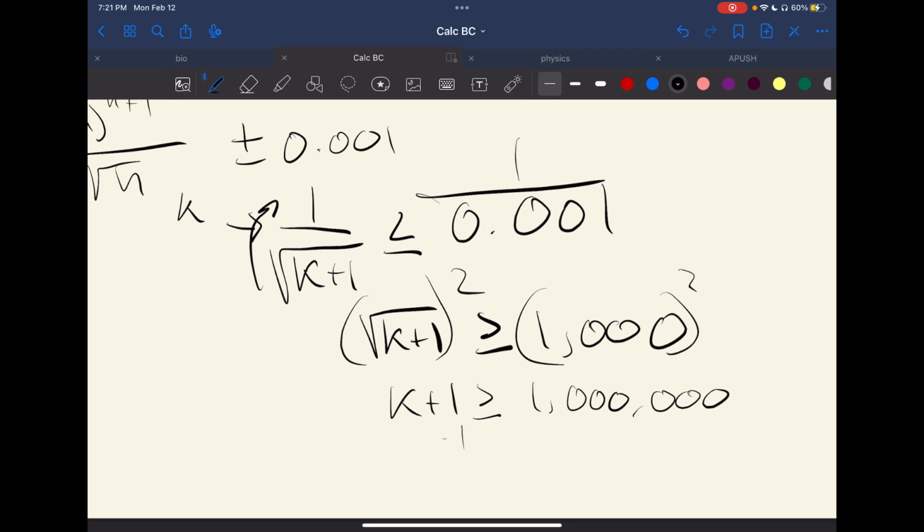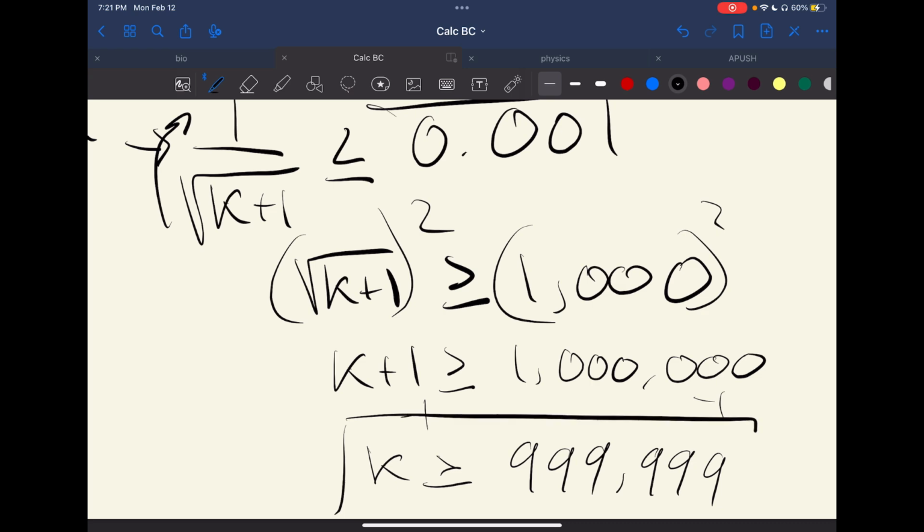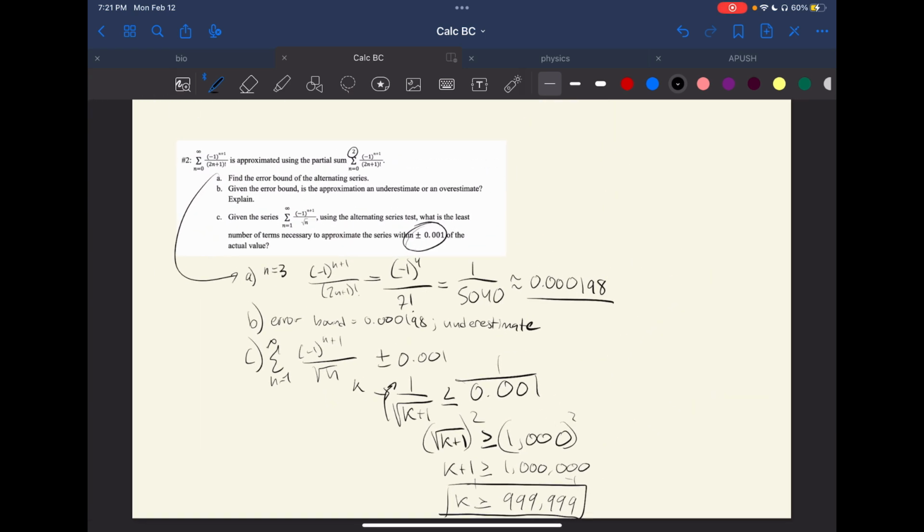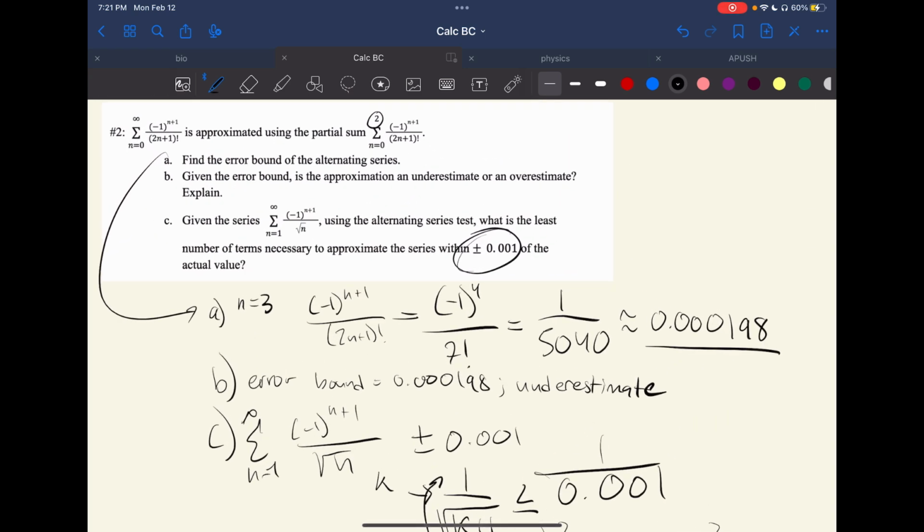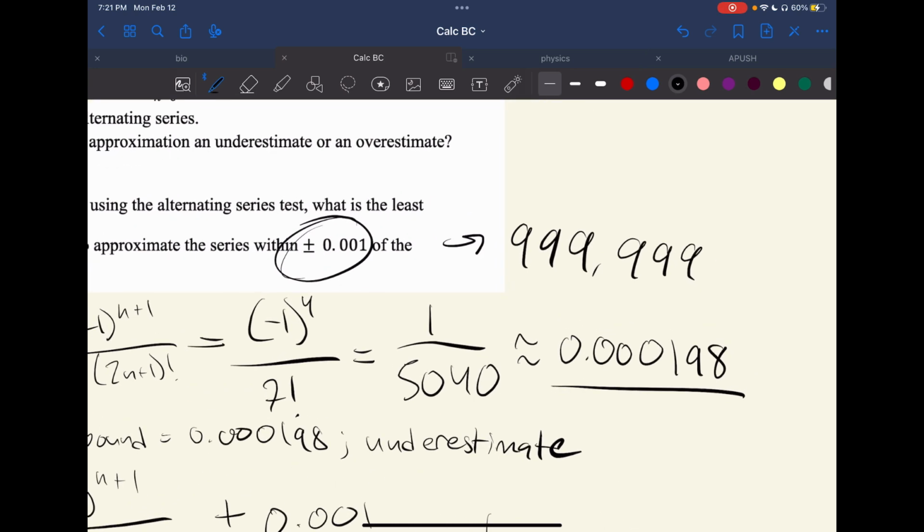Then minus 1, minus 1. So k is greater than or equal to 999,999. So that's our answer. The least number of terms necessary is going to be 999,999.